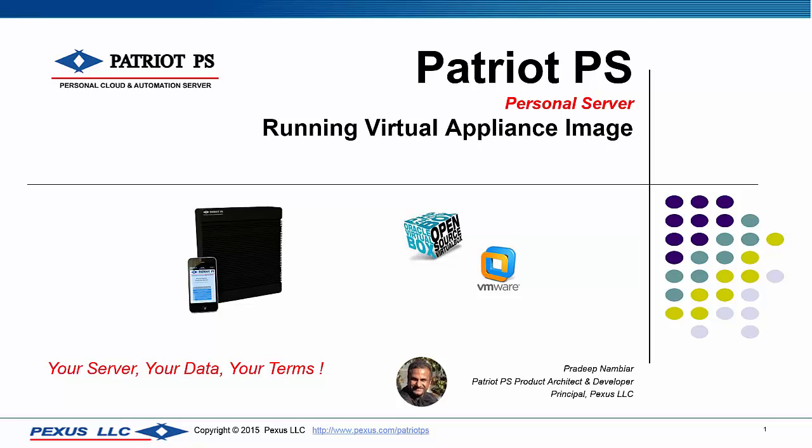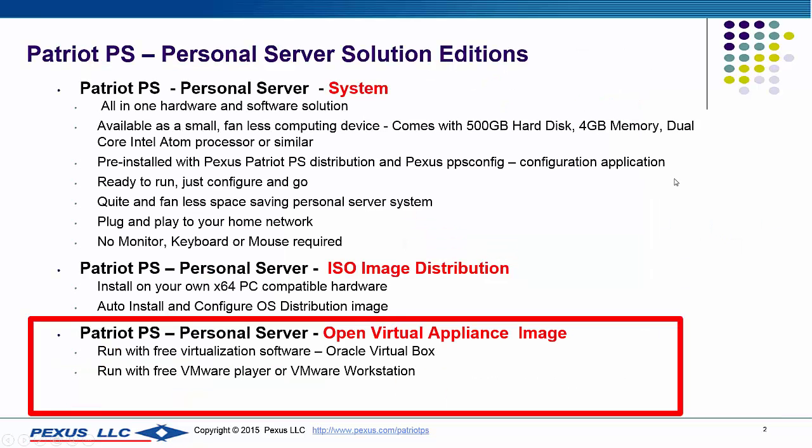Patriot PS personal solution is available in 3 editions. The Patriot PS Personal Server System Edition is a complete hardware and software solution with pre-installed Patriot PS OS distribution and related applications.